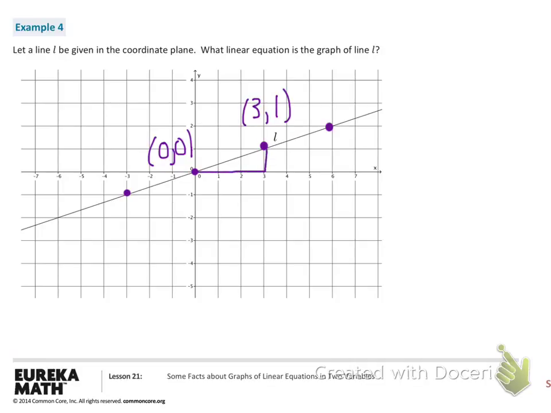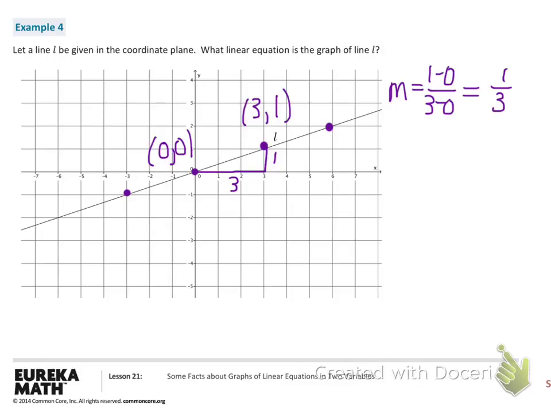We go over 3 and up 1. So it looks like it should be 1/3. We can calculate the slope as well. Slope would be the difference in the y's, which would be 1 minus 0, over the difference in the x's, which is 3 minus 0. So this is clearly 1/3.